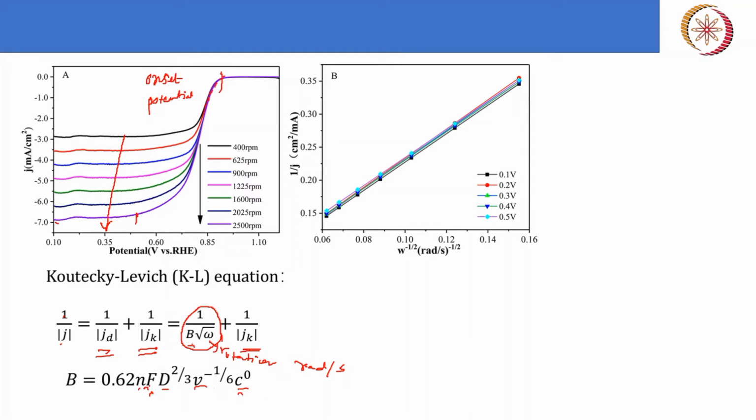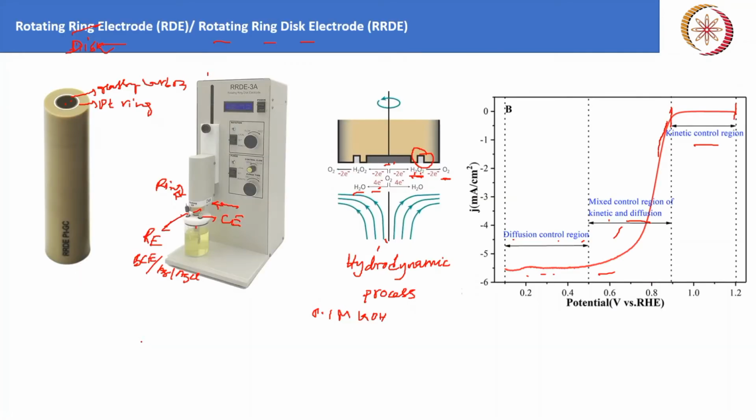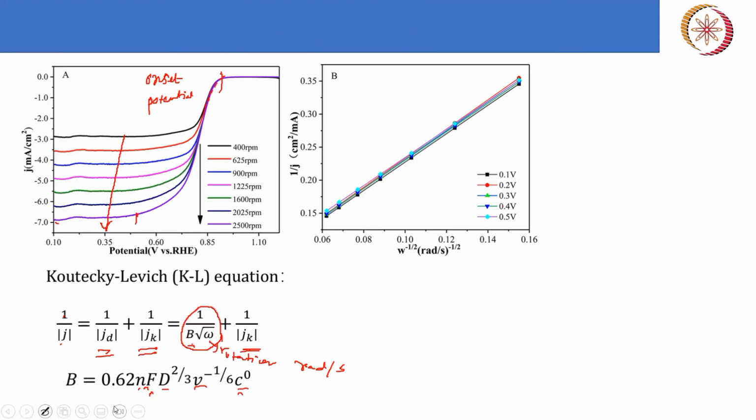Okay, so basically if you know the diffusion coefficient and kinematic viscosity, then from here you can get the number of electrons in this process. Basically, whatever I have shown in the previous slide, here I am telling whether this is a 2 electron process or a 4 electron process. So for this oxygen reduction reaction, whether it is a 4 electron process or 2 electron process, you can calculate from this equation.